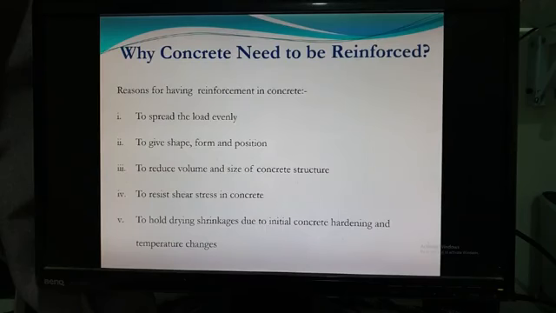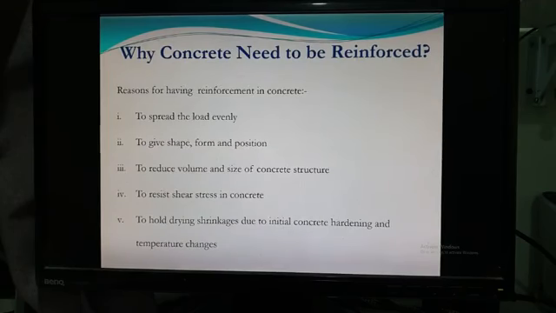Other reasons are to spread the load evenly across the concrete components, to give shape, and to reduce volume. By introducing reinforcement, we can reduce the volume and size of the concrete structure. For example, ground beams.